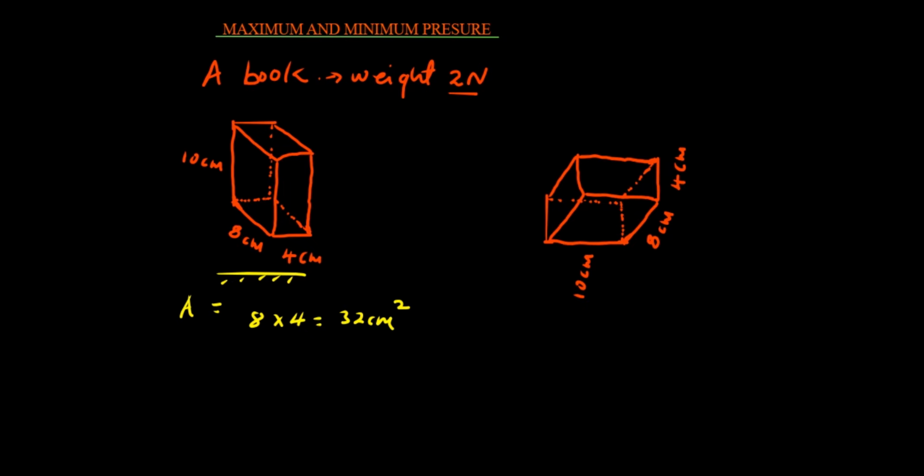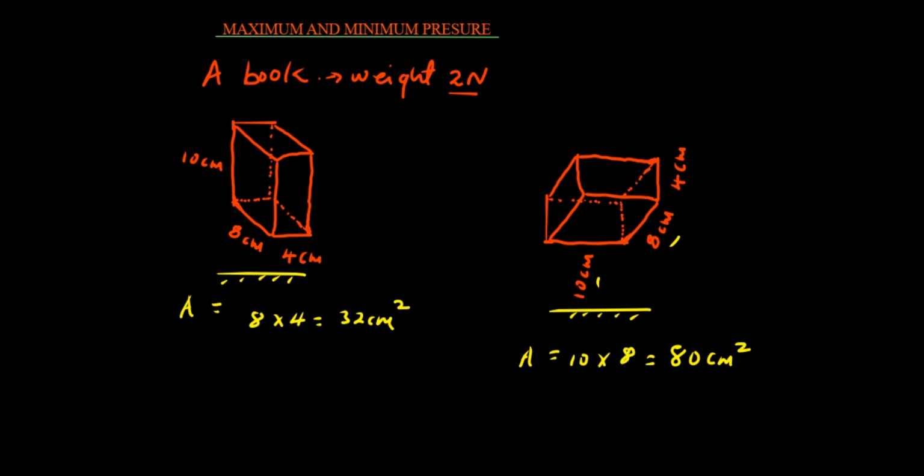But when 10 and 8 centimeters are facing the table, that means it's resting on the 10 and 8 centimeters, the area will be 10 multiplied by 8. That will be 80 square centimeters. There's also another option, a case where the 4 centimeters and the 10 centimeters are facing the table.